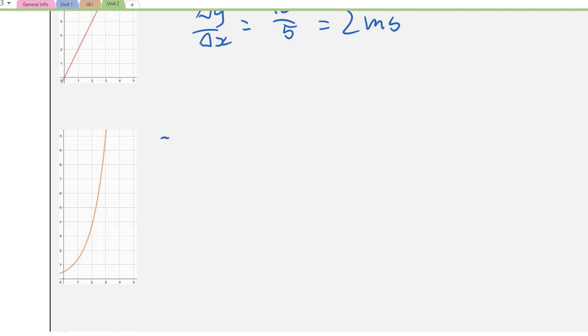So this one's increasing at an increasing rate. Can we think of a situation that this might represent? Does that look like it's slowing down anytime soon?